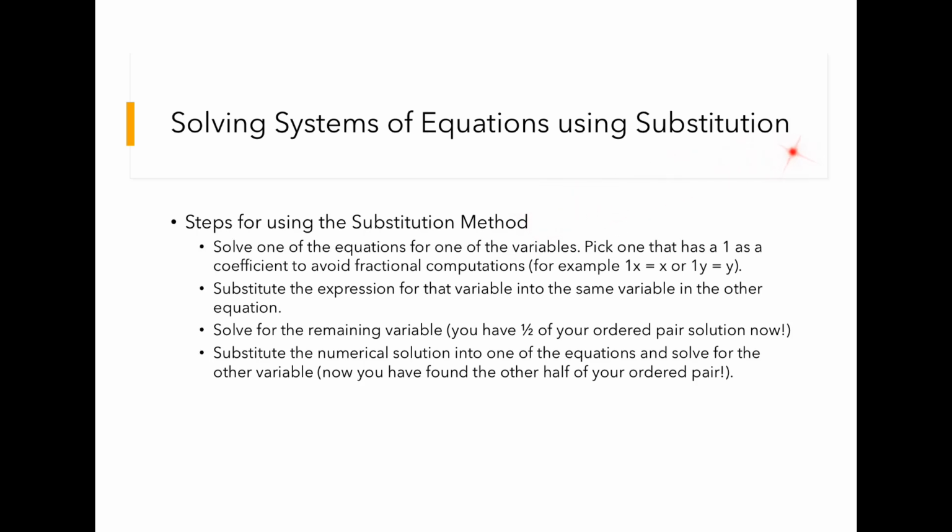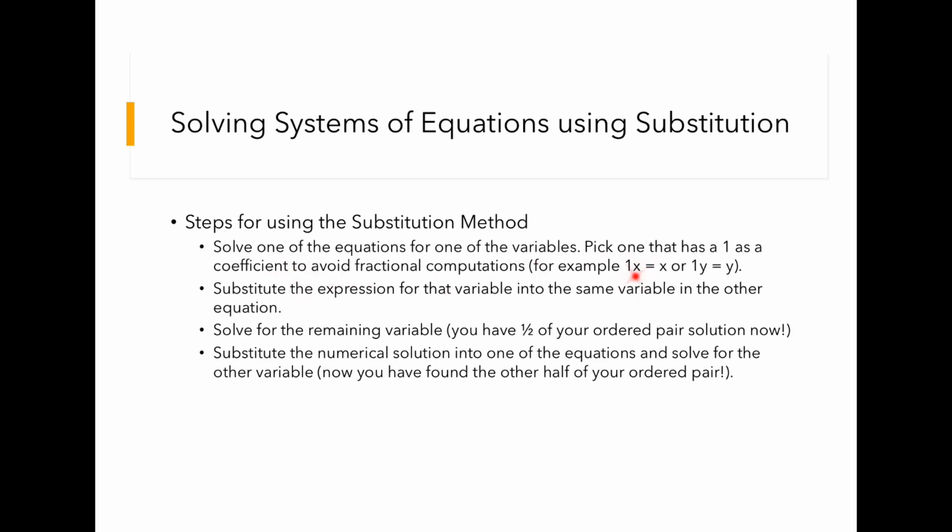But in terms of steps, when we use the substitution method, the first thing we want to do is pick one of the equations and one of the variables that we're going to solve that equation for. What we want to look for in the two equations that we have, generally it's two, is the equation that has a variable term with a 1 as a coefficient.